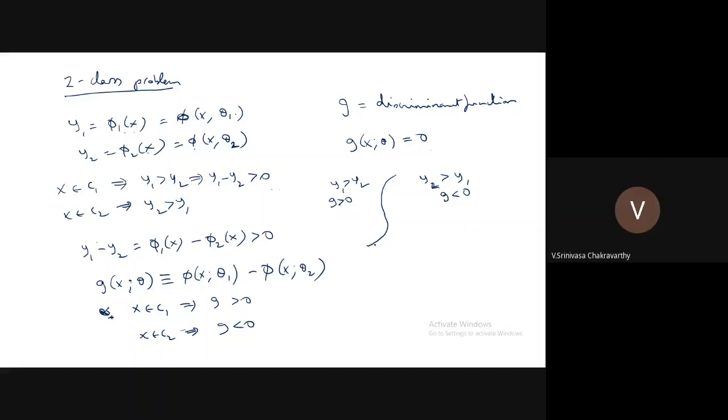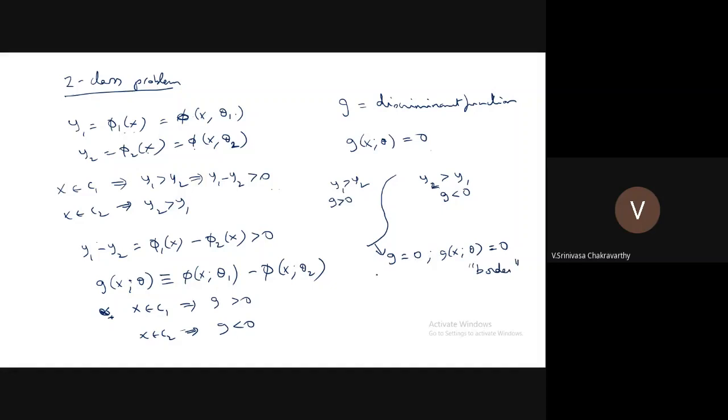Yeah, this border. This border is defined by this equation, g equal to 0, or rather g of x theta equal to 0. So in two dimensions, this is the equation of a curve, right? Because if x is two dimensional, some g of x equal to 0 will be a curve, and that curve acts like a border between the two classes. Right?